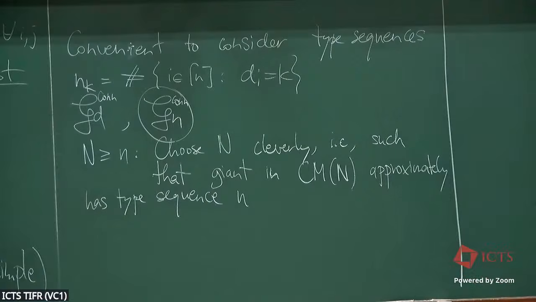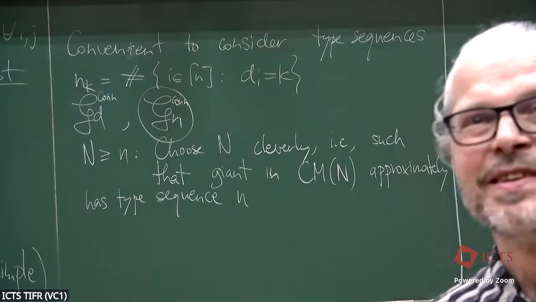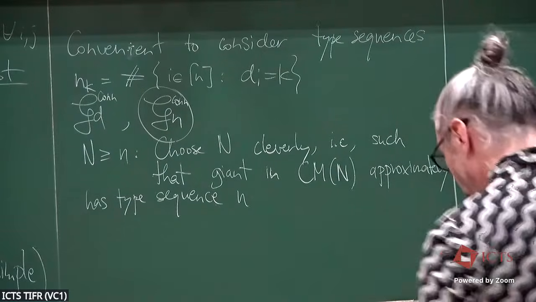Okay. So a giant is a connected graph. And now I have a connected graph that has the right type sequence. That sounds like we're on our way.